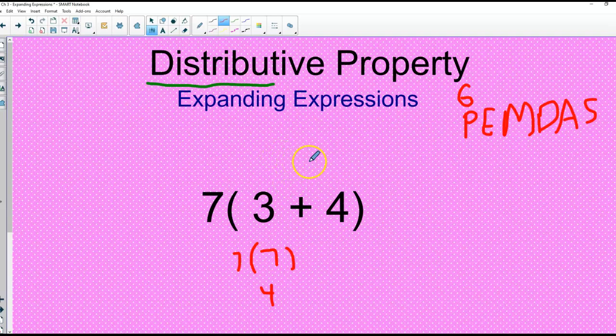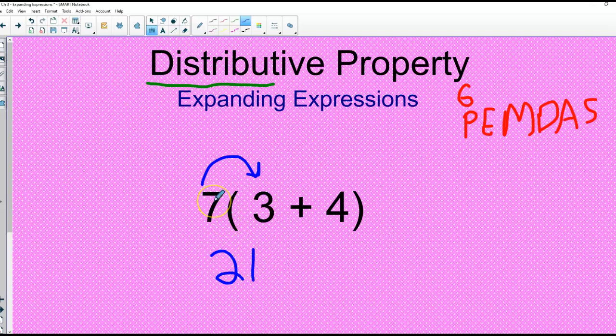Another way to solve this problem is to distribute this number that is in front of the parentheses to everything on the inside. So for example, I would take this 7 to the first number here, which is a 3. And remember, a number next to the parenthesis means to multiply. So 7 times 3 is 21.